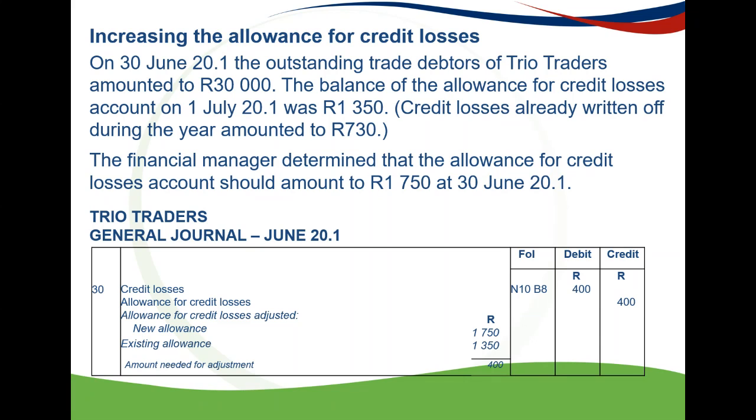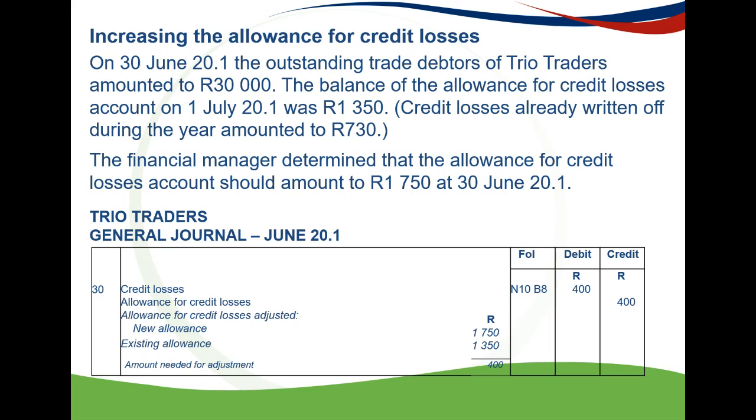Now, when one comes to the following financial year, and we need to do an increase in the allowance, because every year you will have to do this calculation or analysis where you go through your debtors and determine which ones might not be able to pay you back.